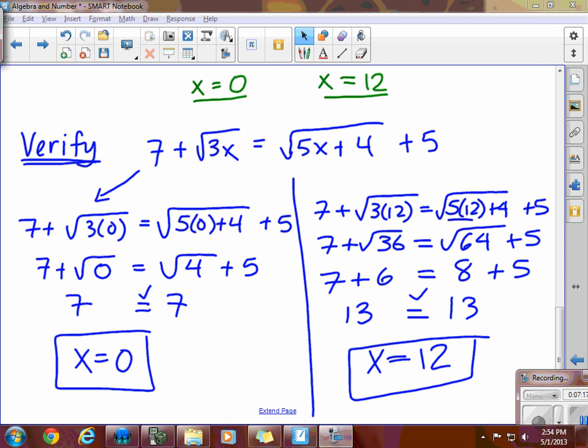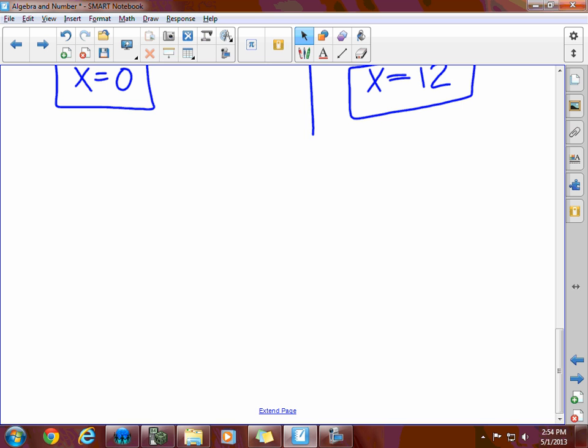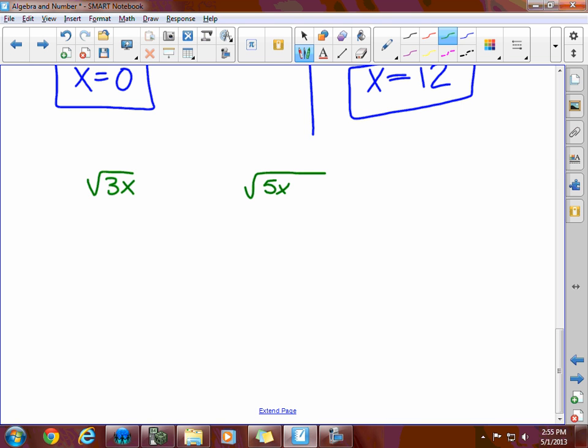So now that I've found the two solutions to this question, x equals 0 and x equals 12, we have to determine the restrictions to the original equation. Now the original equation had two radicals in it. It had the square root of 3x and it had the square root of 5x plus 4.